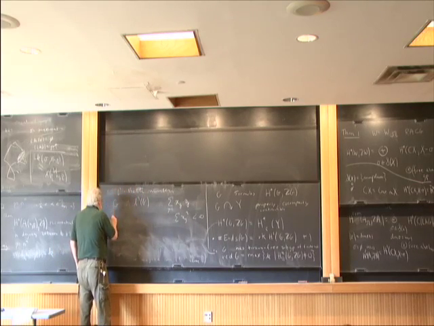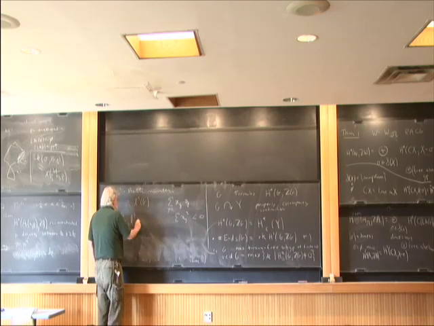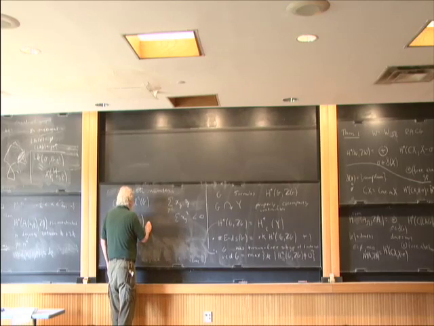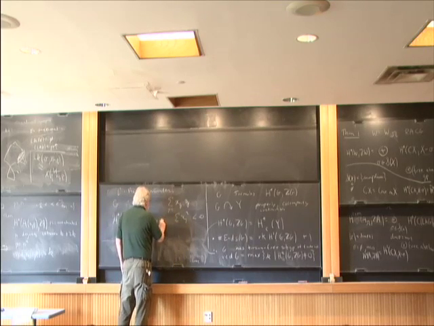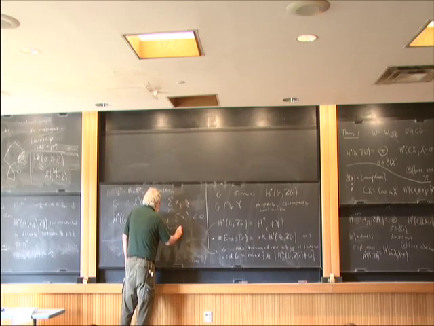And now I'm going to write something: maybe I'll put a script H star of G with L2 G coefficients. I have to explain what reduced means: reduced L2 cohomology.